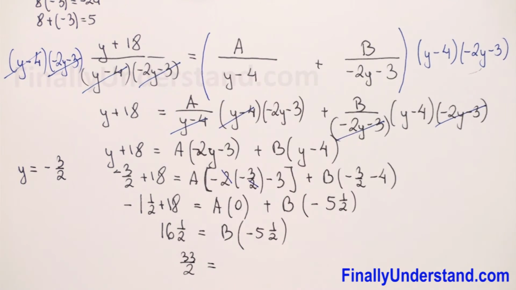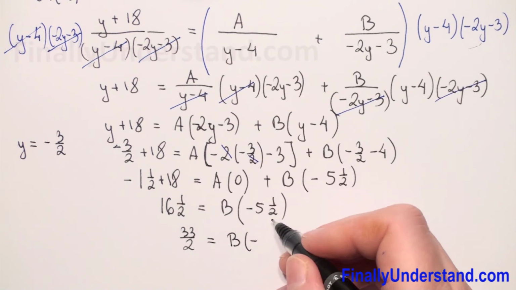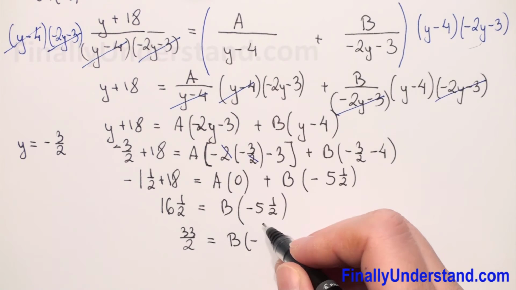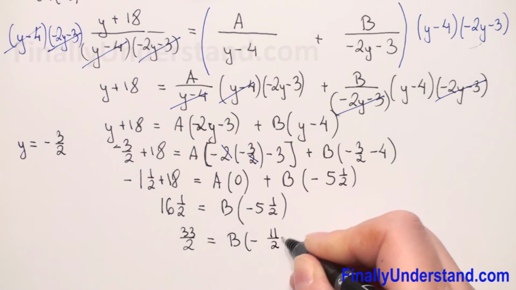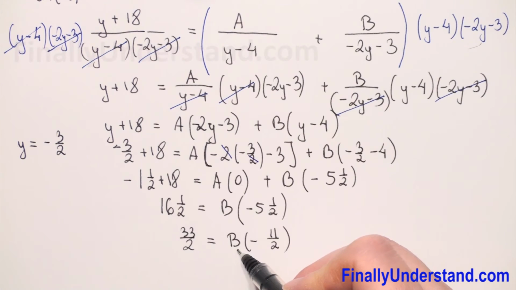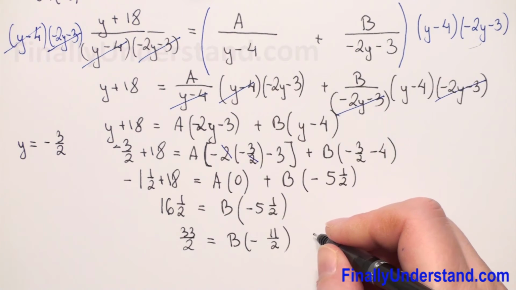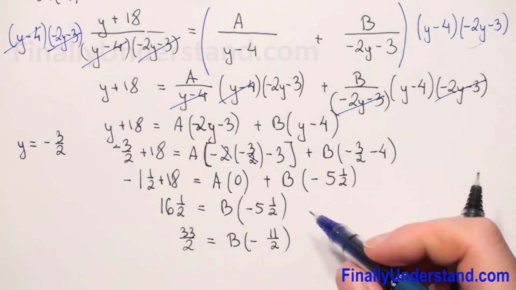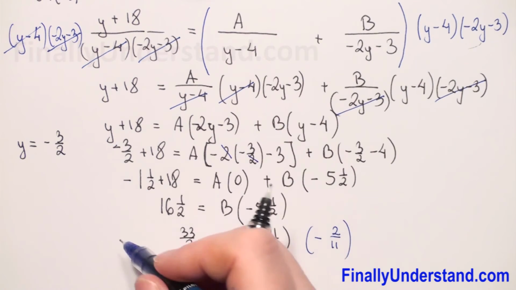This is equal. We have b times negative. 2 times 5 is 10, plus 1 is 11 over 2. And now, because we need to find b, to reduce this fraction I will multiply both sides by negative 2 over 11.